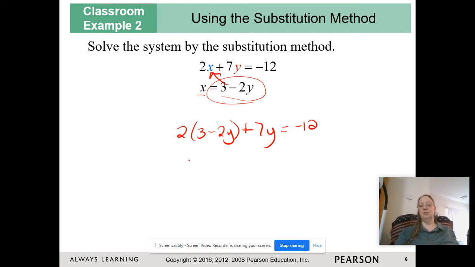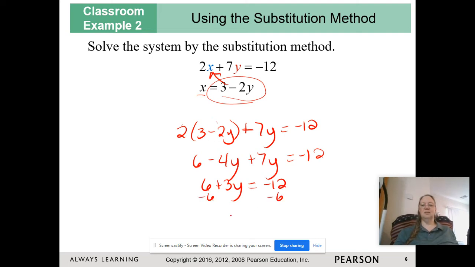We have to distribute the 2. We're going to combine like terms. Subtract the 6. And divide by 3. And we get y is equal to -6.